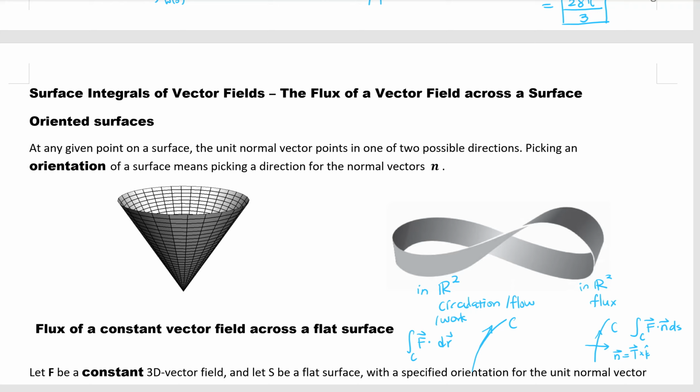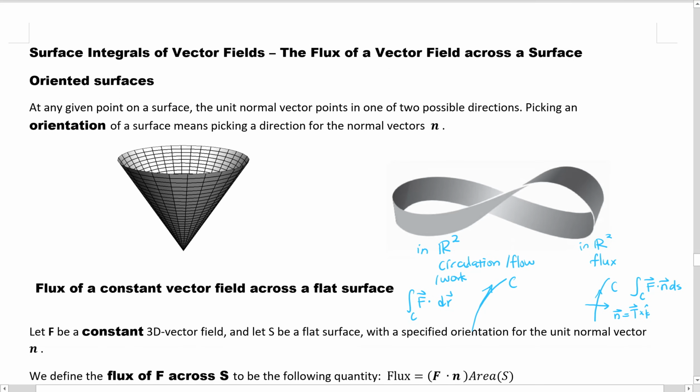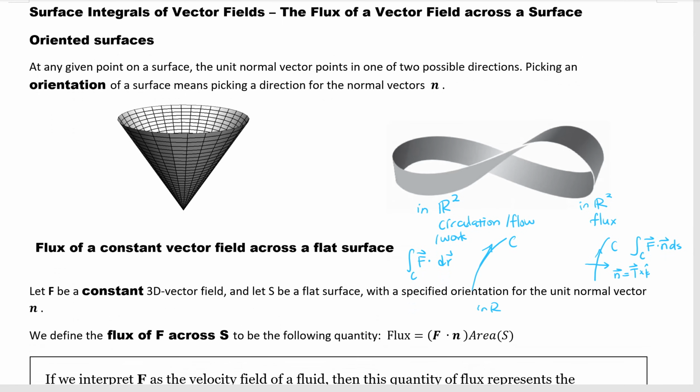In R3, we can also talk about the circulation or flow. The curve is now in space, and we can talk about the vector field going in the direction of C. However, for the flux, you cannot talk about the vector field going across a curve, because perpendicular to the curve direction there are a lot of vectors that are perpendicular to it.